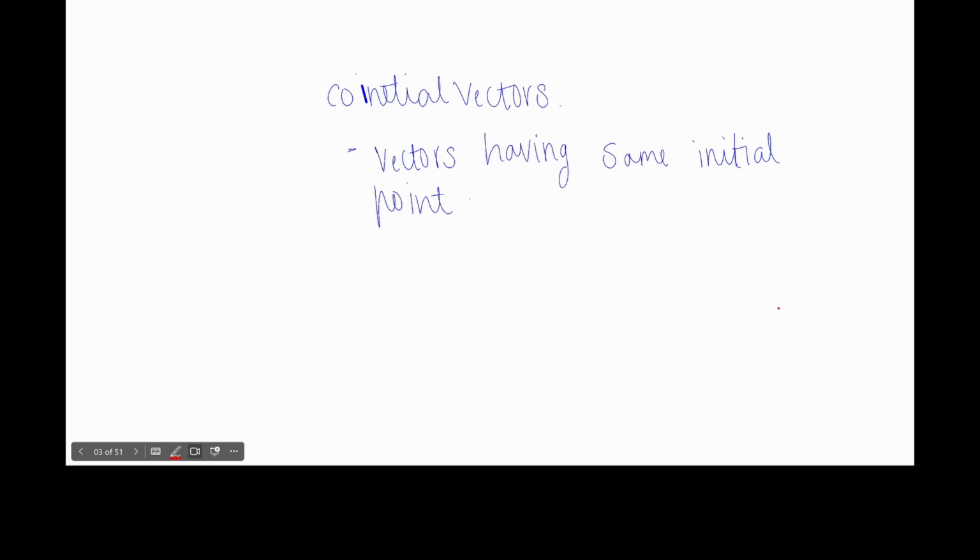So what I mean is that if I take a point O, and if there are multiple vectors originating from it, we can see there are three vectors.